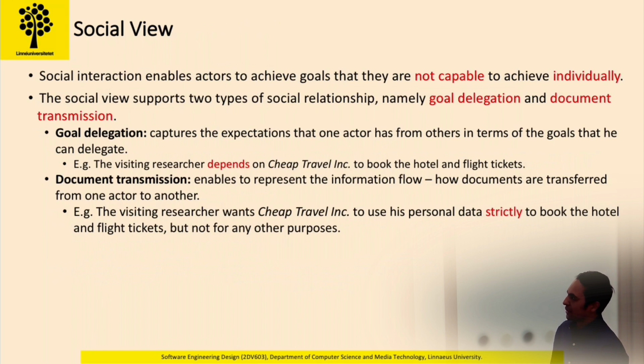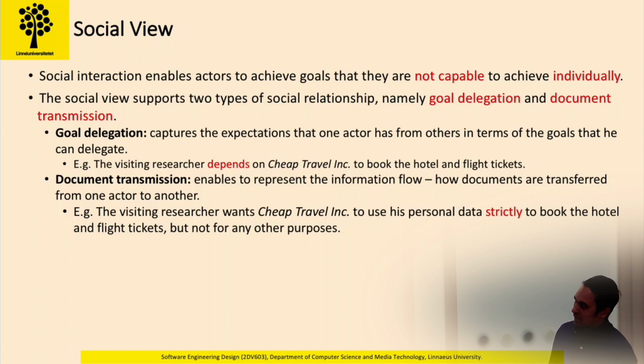For the social view, there are two main kinds of dependencies: goal delegation and document transmission. For goal delegation, people usually delegate actions they cannot do by themselves, or even ones they can do but want help with. For example, my boss can always delegate some work to me, and I'm bound to do it, because in the organization or department I'm the only one who knows how.